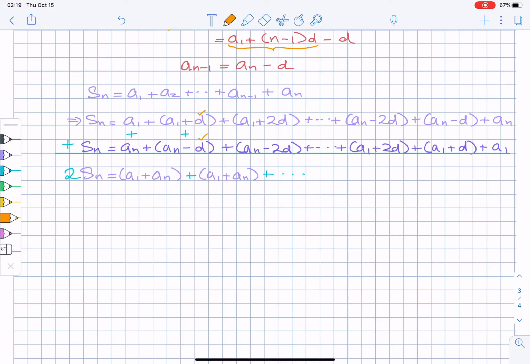Notice that again, I would have a1 plus a sub n. And similarly, here and here. So I'm going to get, once again, a1 plus a sub n, plus a1 plus a sub n. And finally, plus a1 plus a sub n.